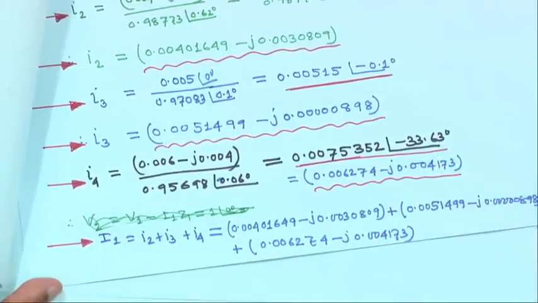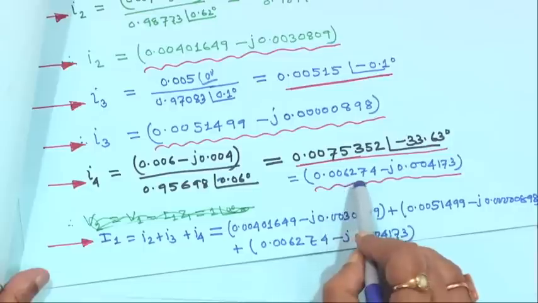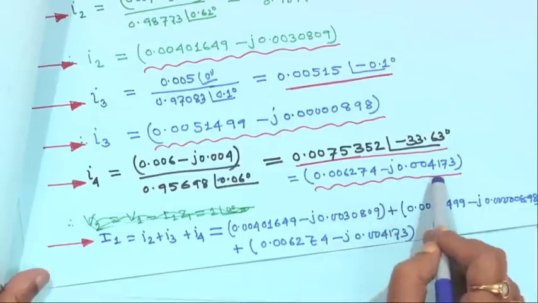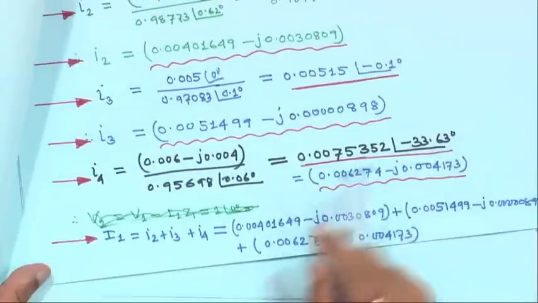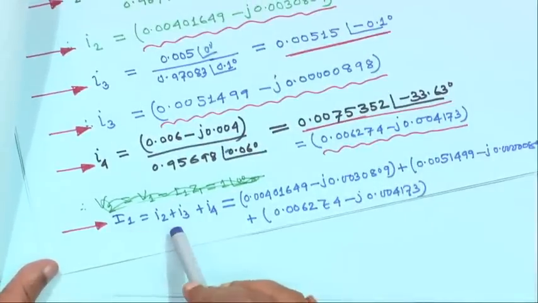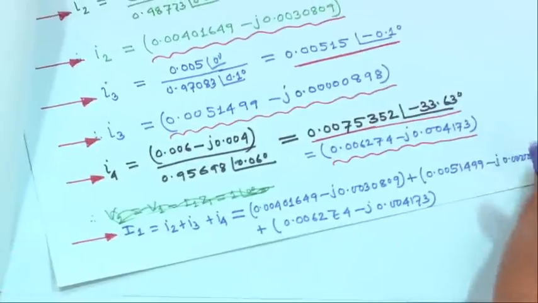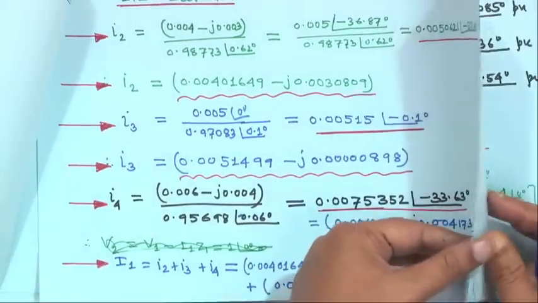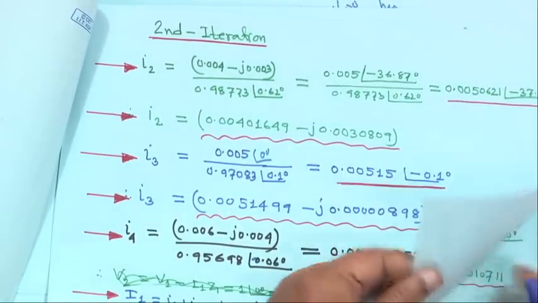So, in this case, this one is equal to 0.006274 minus j 0.004173, right. So, with this now capital I 1 is equal to I 2 plus I 3 plus I 4, sum up all the currents. Then you will get the second iteration, the branch current, right.